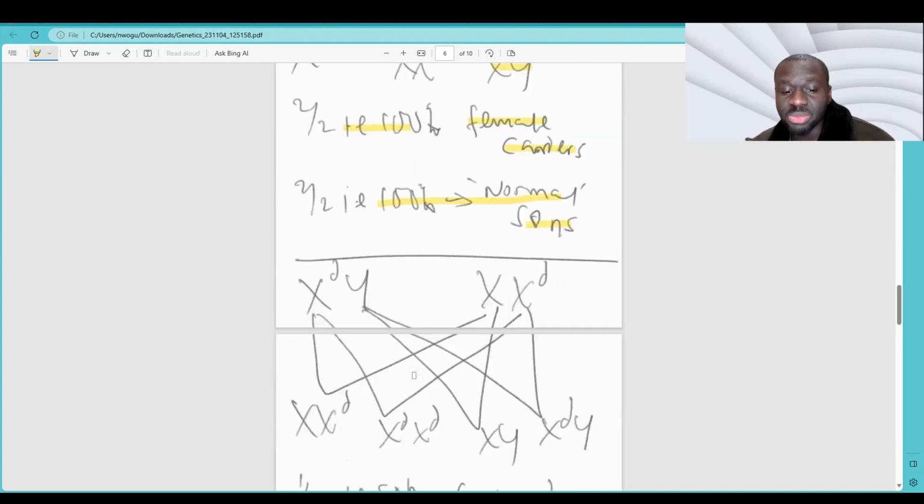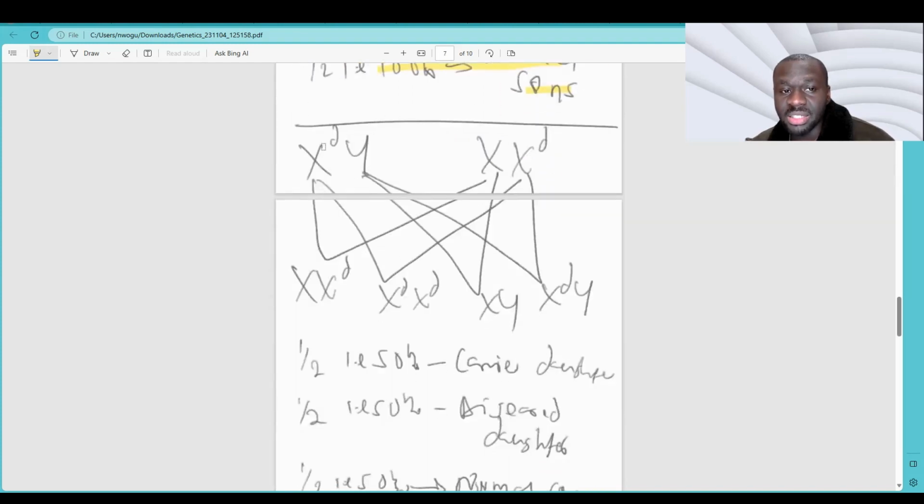But that's for the dad. And let's say the dad has the condition. The mom doesn't have it, but she carries it. She doesn't have the condition, but she's a carrier. By the time we do the Mendelian cross-match, this daughter will be a carrier, this daughter will have it, this son will be normal, this son will have it. Because once any son carries it, because it's on the X chromosome, they will manifest it.